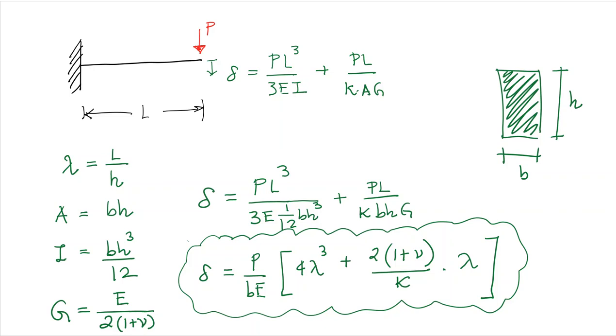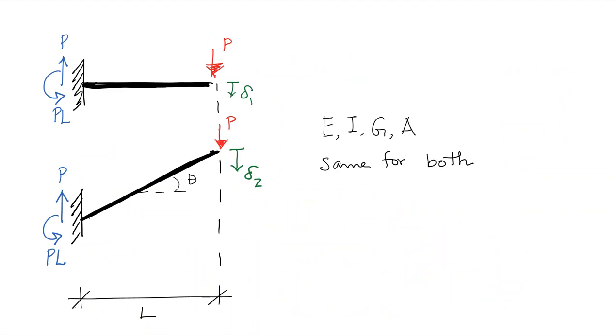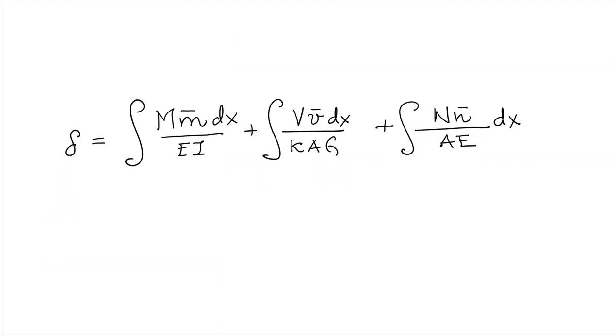And then we proceed to analyze the inclined cantilever here. And we know that in this case we're going to have axial, shear, and bending deformations. So we're going to use the theorem of virtual work.